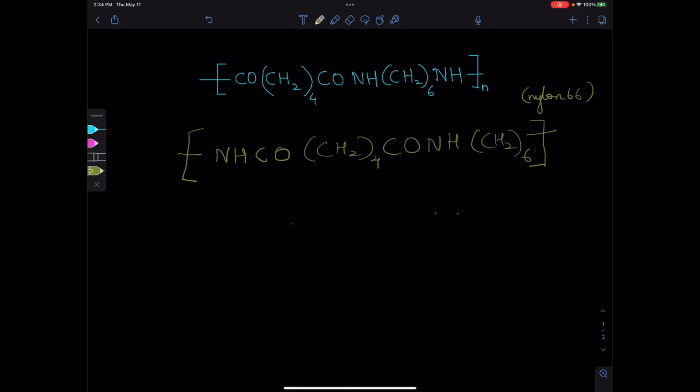Now let's start naming. This would be poly, parenthesis, imino, and then we have the CO, CH2 4 times, CO group, which we want to look at as 1,6-dioxohexamethylene.